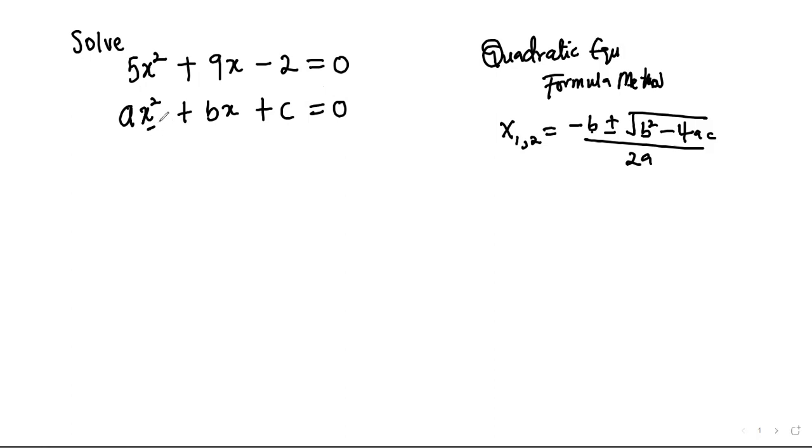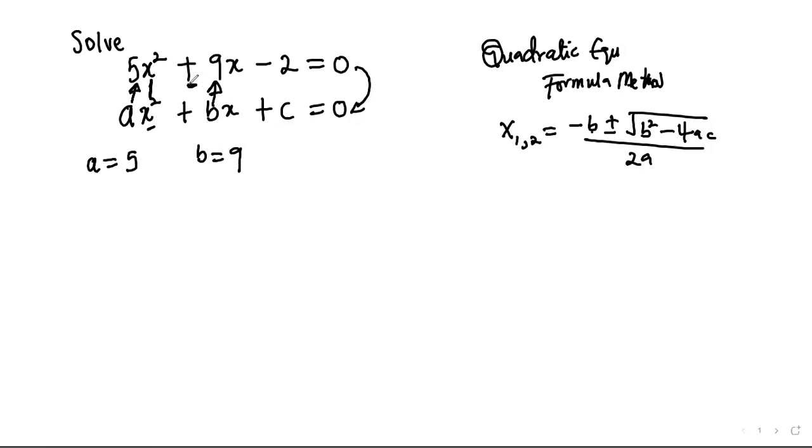So if we can write a quadratic equation like this, the next thing to do is to compare these two quadratic equations. When we compare them, we can see that this is the x squared term here. So a is the coefficient of the x squared term, so we have a is equal to 5. And b is the coefficient of x, so b is equal to 9.